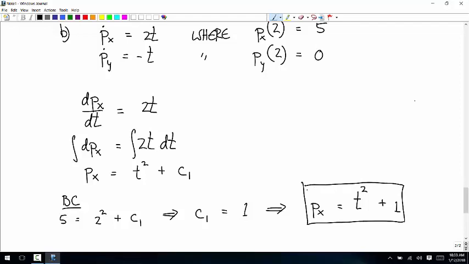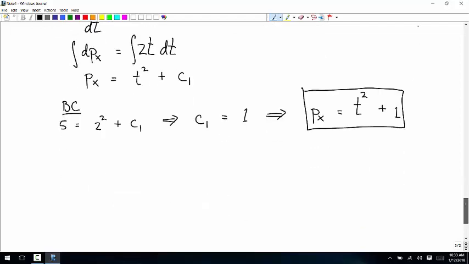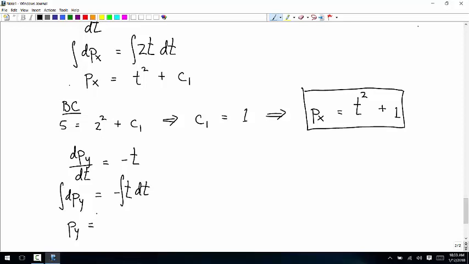Any questions about that? And then same thing for the y component. We have dpy/dt is equal to negative t. So dpy is equal to negative t dt. Integrate. And you get py is equal to negative t squared over 2 plus c2.